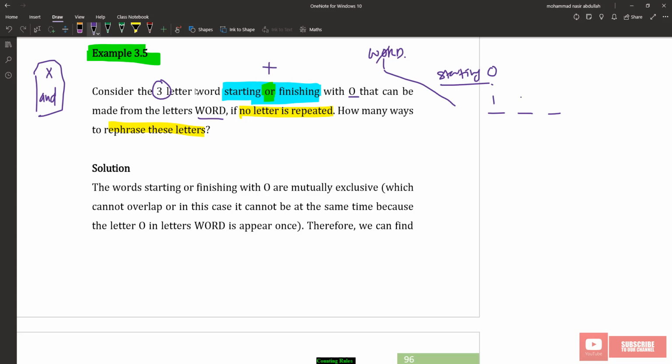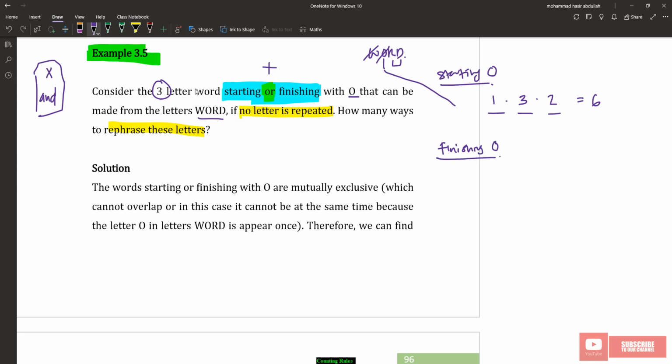So the second letter, you can choose 3 out of 3. The third letter, let's say we choose W, so we only have 2 letters left. So starting with O, it should be equal to 1 multiplied with 3 multiplied with 2, equal to 6.